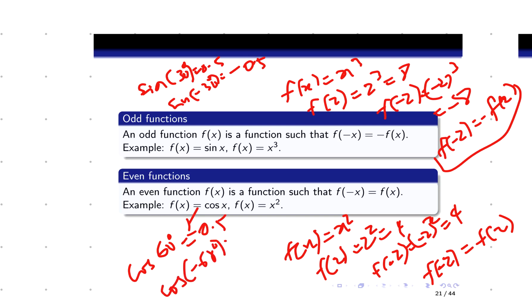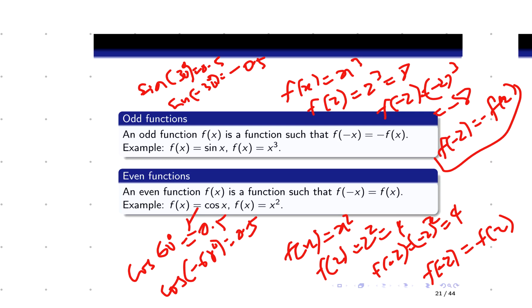So whether you put negative or positive and you get the same answer, that function is even. But if the negative input carries a minus out, that is, it produces a minus in the result, then that is an odd function. So these kinds of functions do exist.